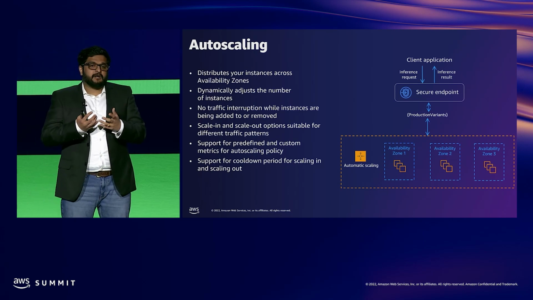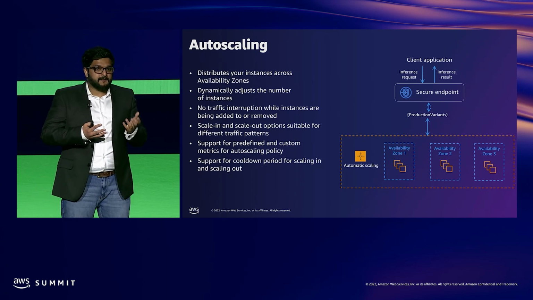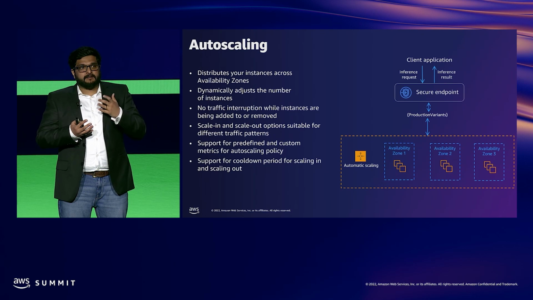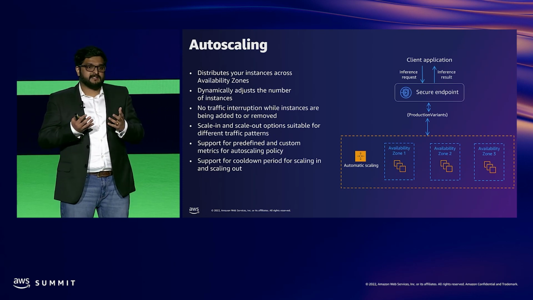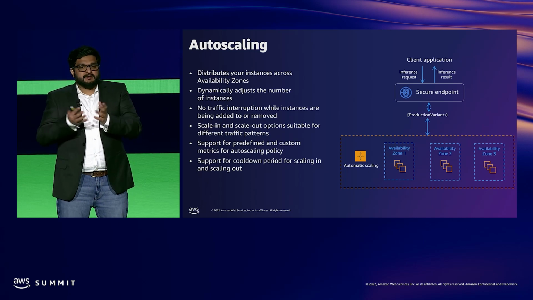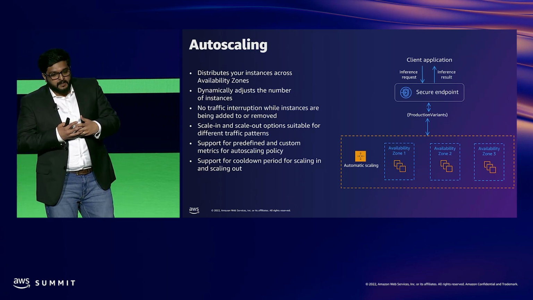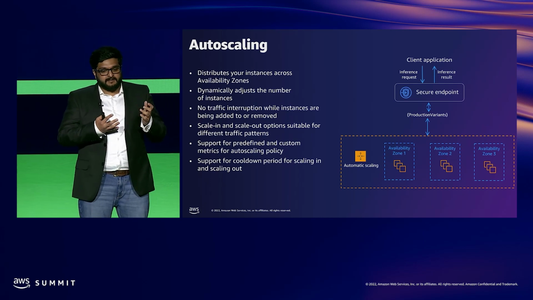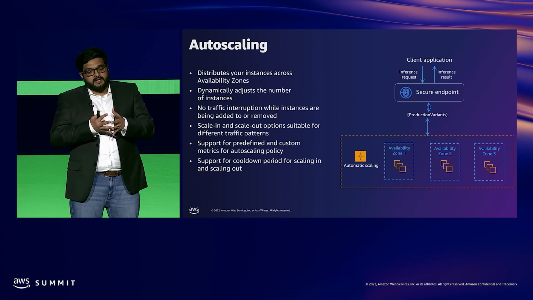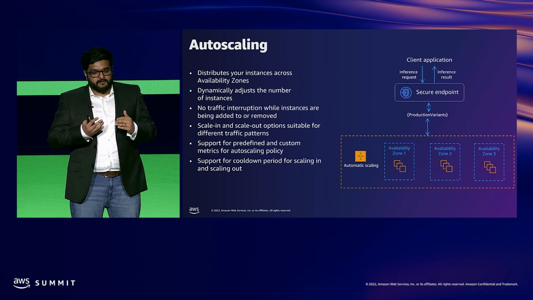And if you have your endpoint configured on a VPC, we advise to provide at least 2 subnets in different AZs so that SageMaker can distribute the instances across the different AZs. Also, one point to note is with auto scaling, there is no traffic interruption when instances are being added or removed.